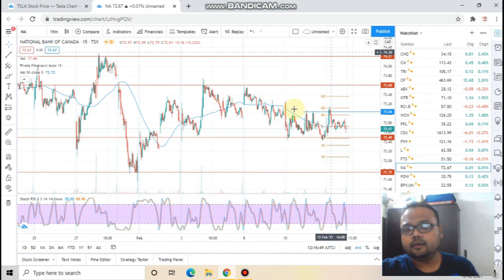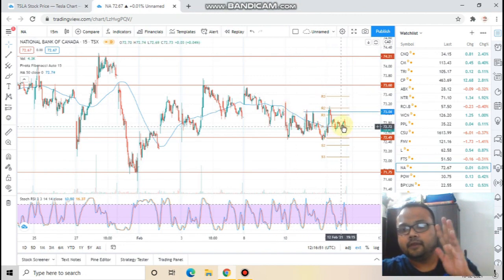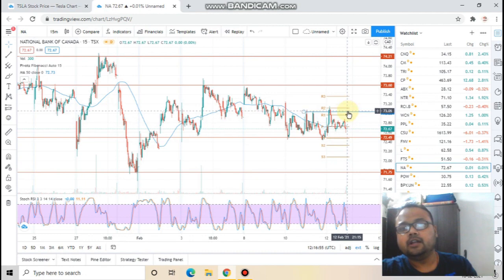You're getting my point. I'm repeating again: if it breaks this level comfortably, let it trade above this level for 15-20 minutes. Then you can go ahead and buy, and your target would be 73.60.